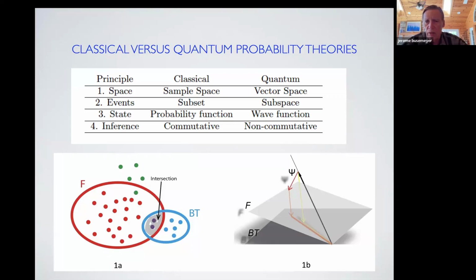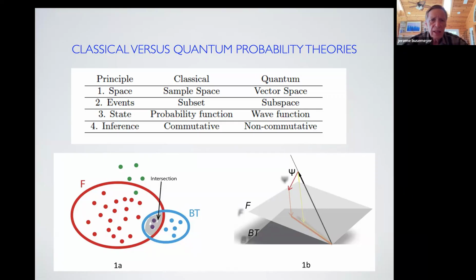The vector space is called a Hilbert space. Each point in the classical theory would become a basis vector, or an orthogonal dimension, in the vector space. So if we had 100 points in the classical space, we would have a 100-dimensional vector space. So we're replacing a universal set with a universal vector space, the Hilbert space.